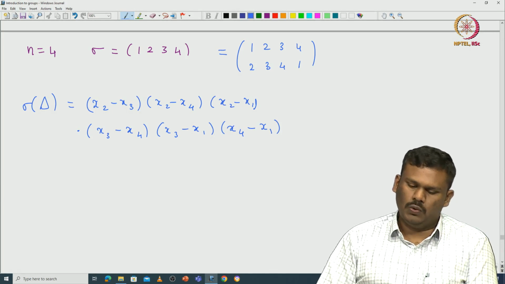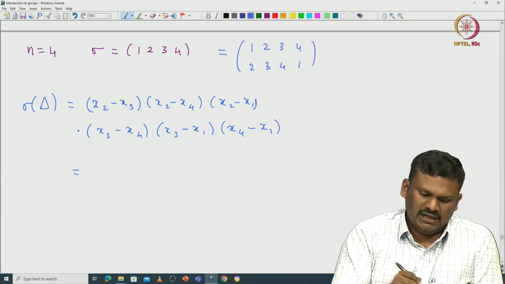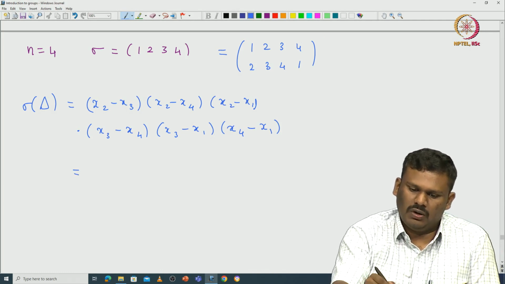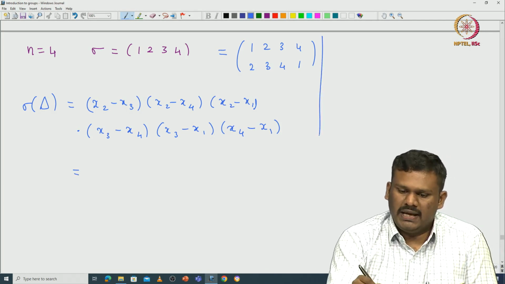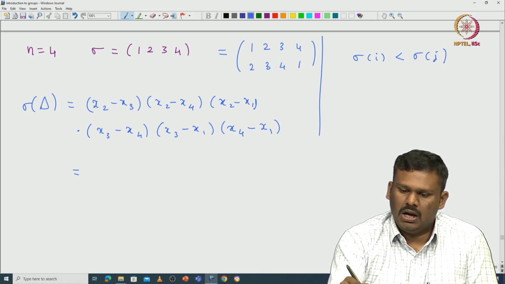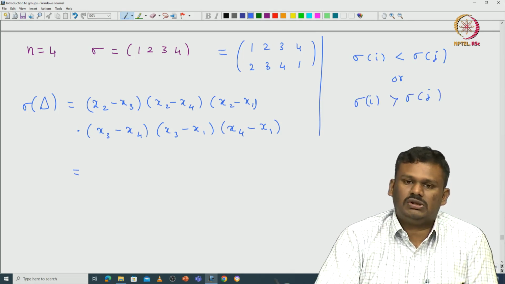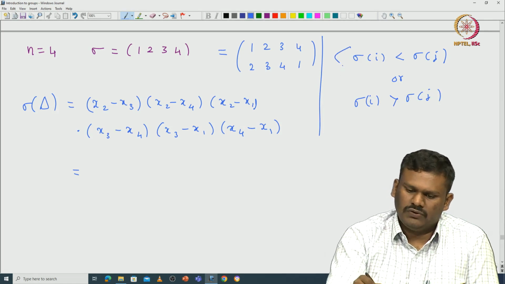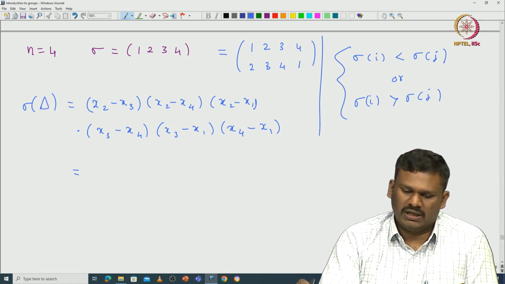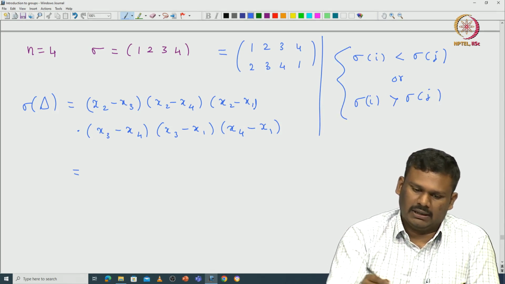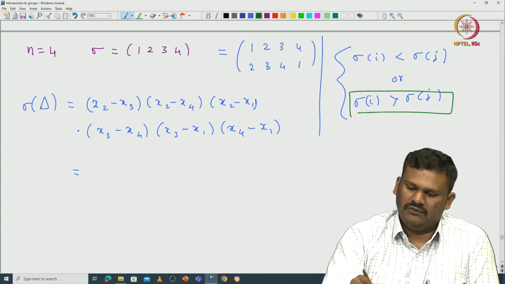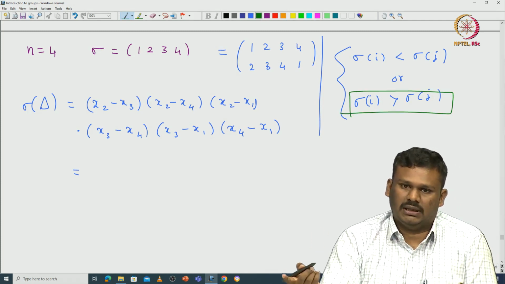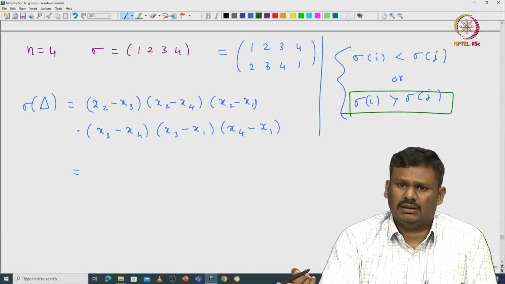So this will be the new polynomial, but you can easily see that when you apply this sigma, either sigma of i is going to be less than sigma of j or sigma of i is going to be greater than sigma of j. Only these two things can happen. So by separating them, whenever they are not in the correct order, you can switch the order and make it correct.